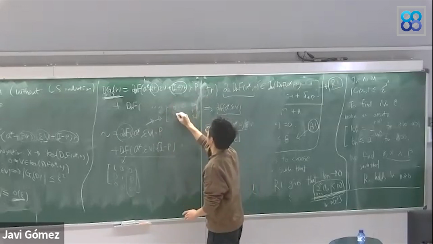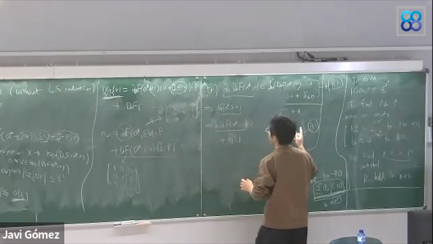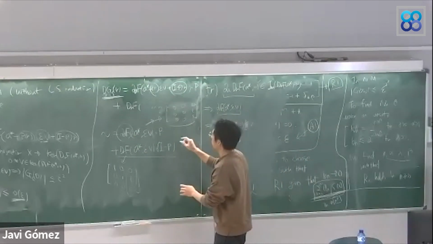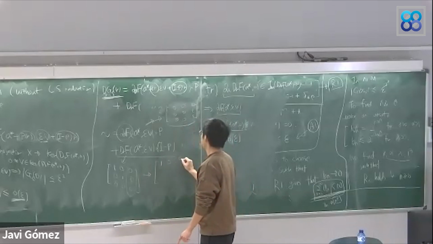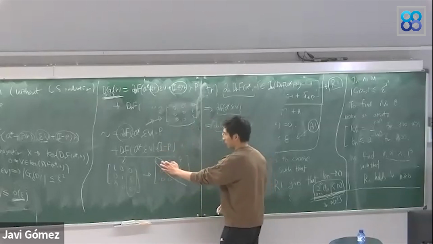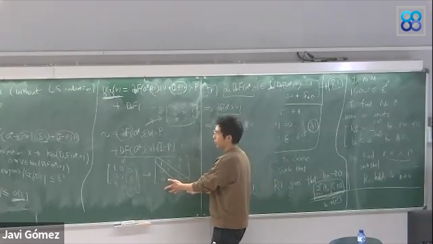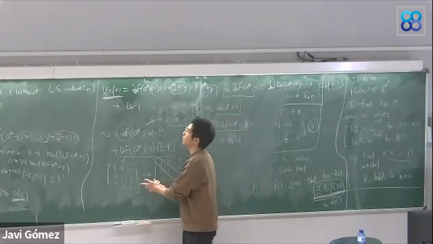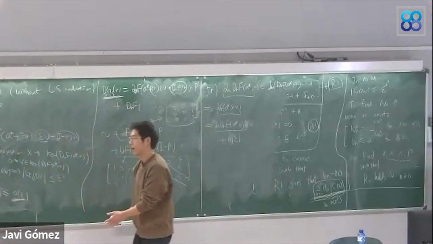Like 0, 0, 0, 0, 0. Let's pretend the other component is 0, because we only care about the missing image space. So when you add these two matrices together, we actually get 1, 0, epsilon, 0, 1, epsilon, 0, 0, epsilon. So we have a triangular matrix with non-zero diagonal components. So this matrix becomes onto. And that's how we can prove the invertibility of the linearized operator, and then you can do the next, the Newton's.